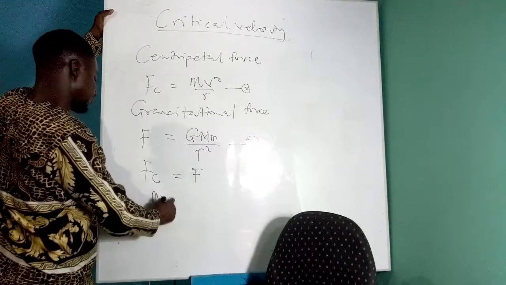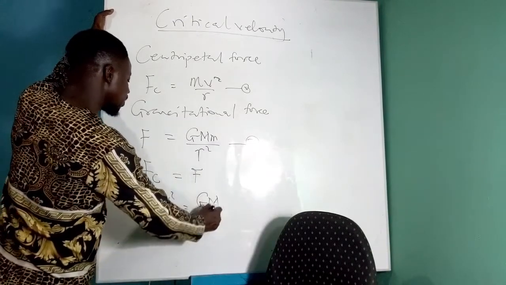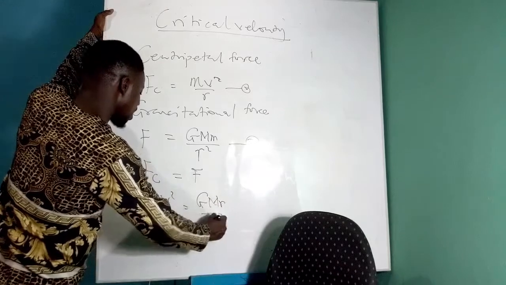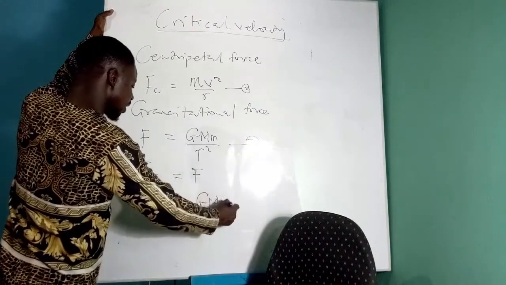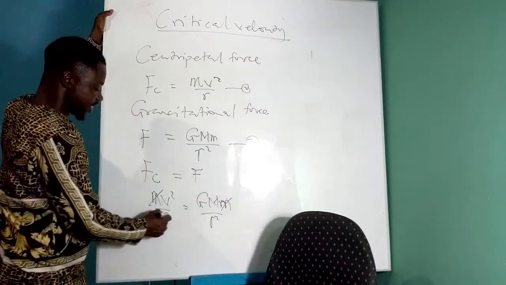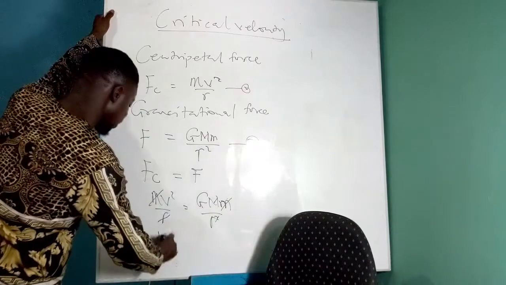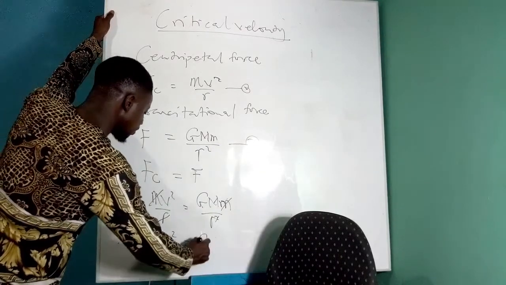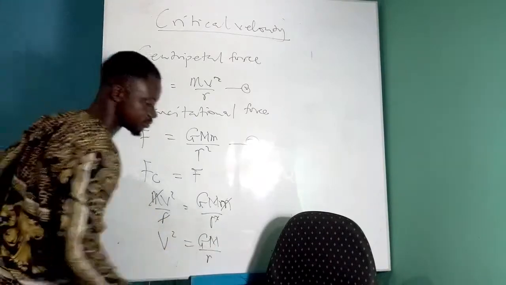So we say mv squared over r is equal to G, capital M, small m over r squared. So this m will cancel this m, and this r will cancel one of these r's. So I'm going to get v squared is equal to G, capital M over r.